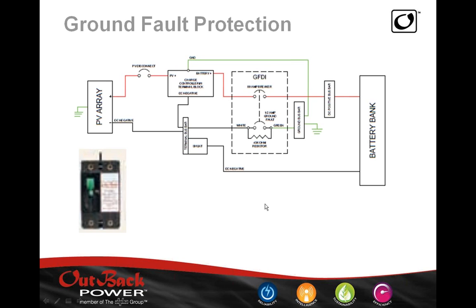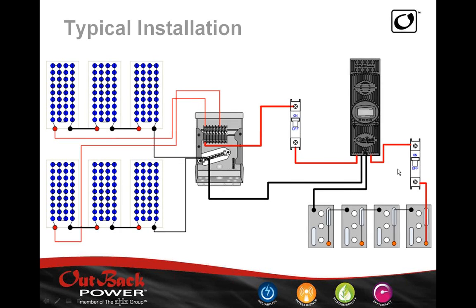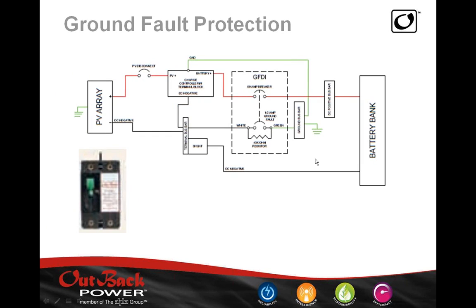So here we have a GFDI breaker, and please note that we have 2 poles here. Now, on the output of the charge controller, we would have our 80 amp breaker, and then an additional mechanically interconnected 0.5 amp pole that is essentially what provides the ground fault protection.